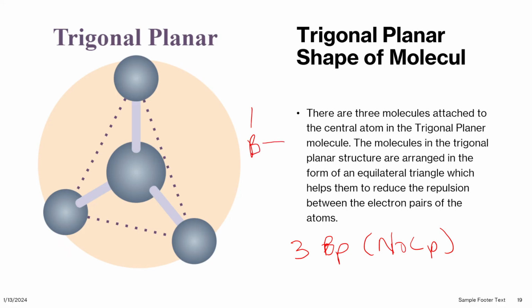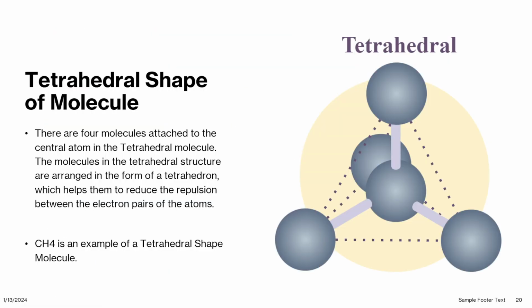Boron trifluoride tends to have this structure with the fluorines surrounding it. Not sure why that is acting up, but that is the general structure for trigonal planar molecules.